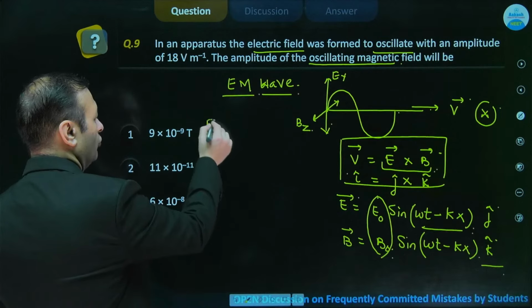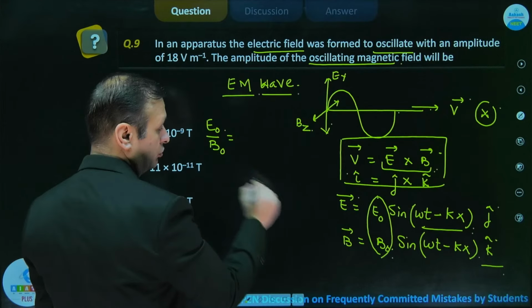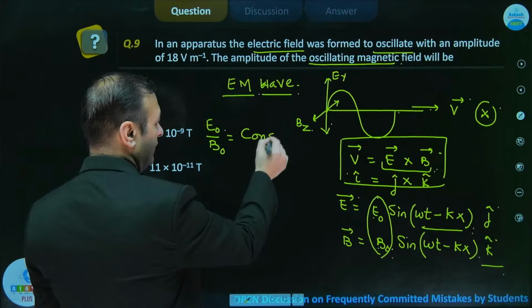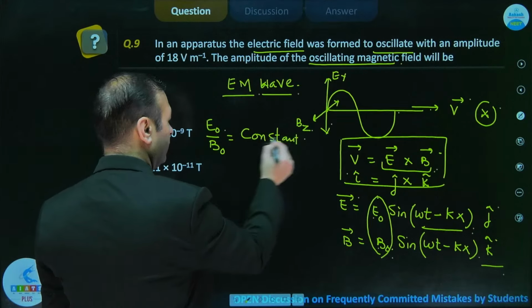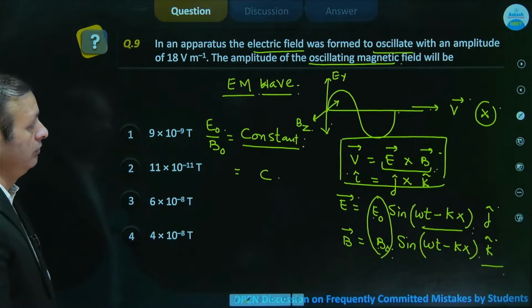We know E naught by B naught, the ratio of the magnitudes of the electric and magnetic field vectors, remains constant, and this constant for an EM wave is equal to the speed of light.